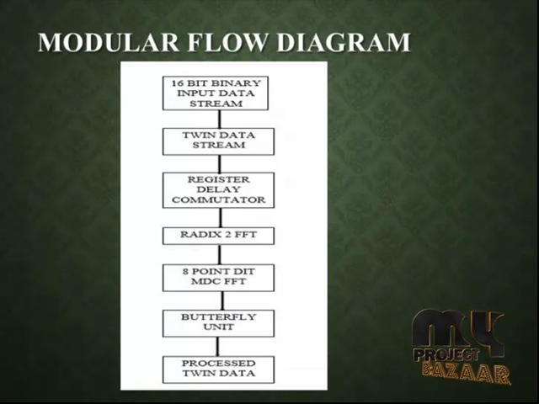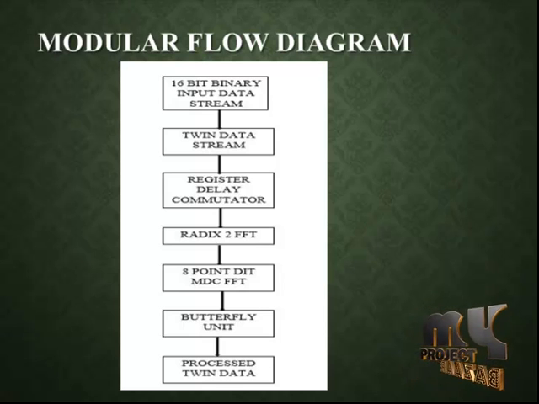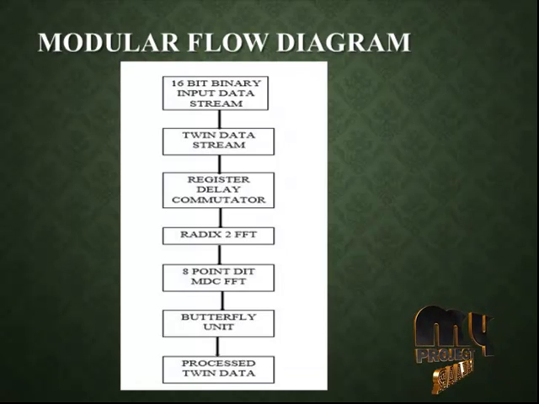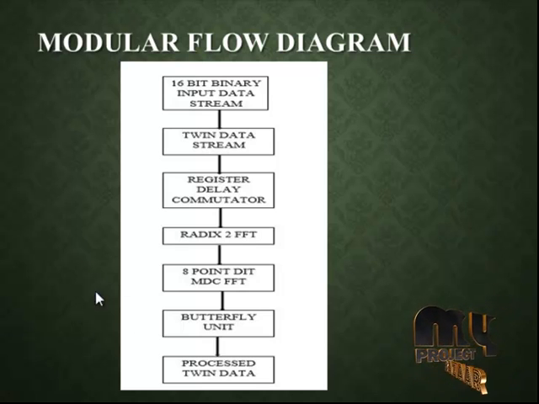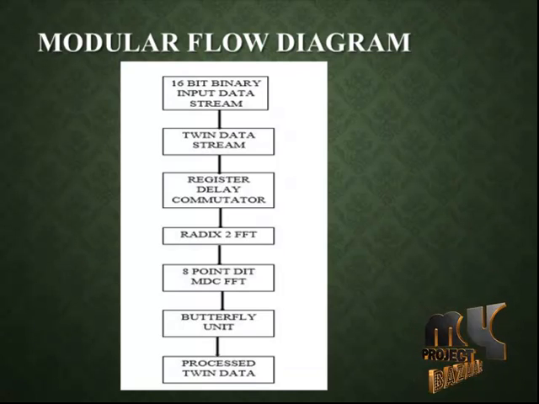Initially, the 16-bit binary input data is taken as the twin data stream and they are processed in the FFT architecture of 6 levels. The odd and even samples of the binary input data streams are separated by using switches, switch 1 and switch 2. These switches SW1 and SW2 act as swap switches according to the input clock cycle.